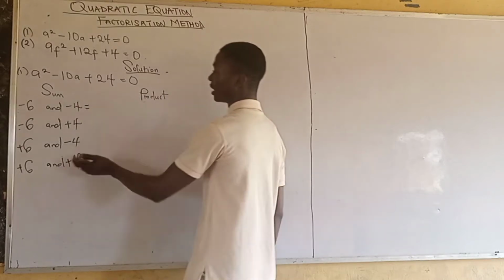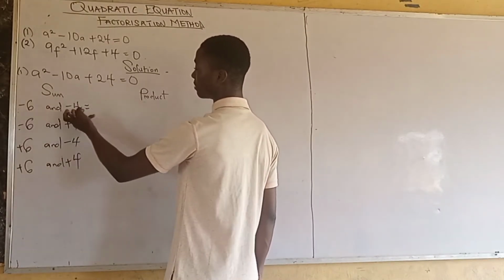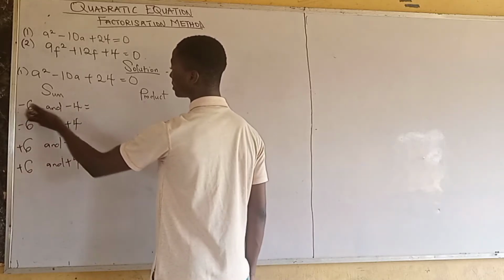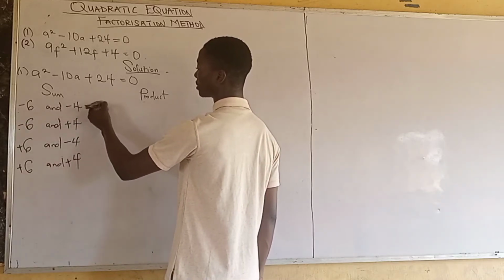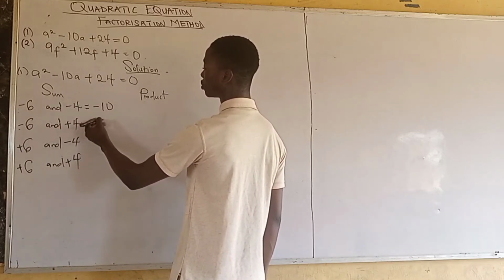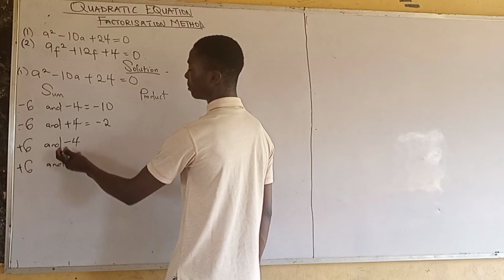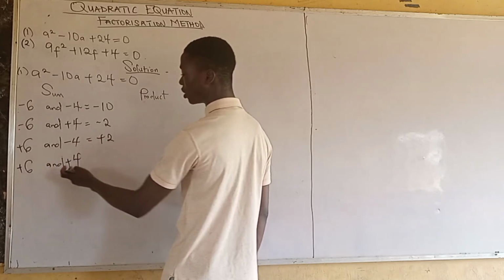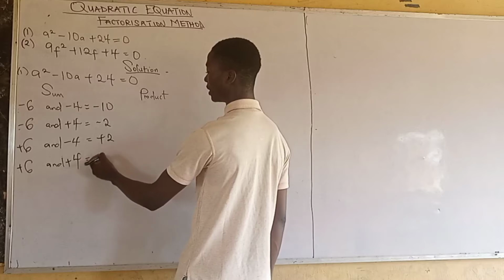Minus 6 plus minus 4: you know the meaning of a minus sign is also like addition, so we have minus 10. Minus 6 plus 4, we have minus 2. Plus 6 plus minus 4, we have plus 2. And plus 6 plus 4, we have plus 10.